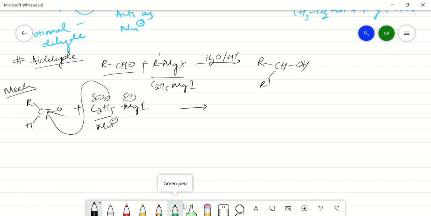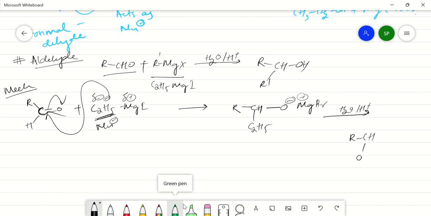Firstly one R group is initially attached, next to it one H group is attached, next this C2H5 group is attached, and next to it O. The bond is now transferred to O-, so this will produce O- and MgBr+. Next upon hydrolysis, this will produce RCHOHC2H5, which is secondary alcohol.